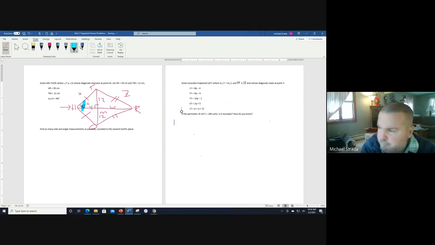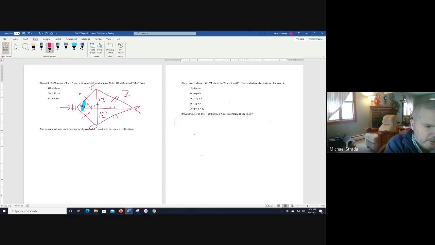Not 30, not 45, not 60, and only one side means trig. So, to get y, y is the adjacent, 12 is the opposite, so that's going to give me cosine. So cosine of 48 degrees equals 12 over y.